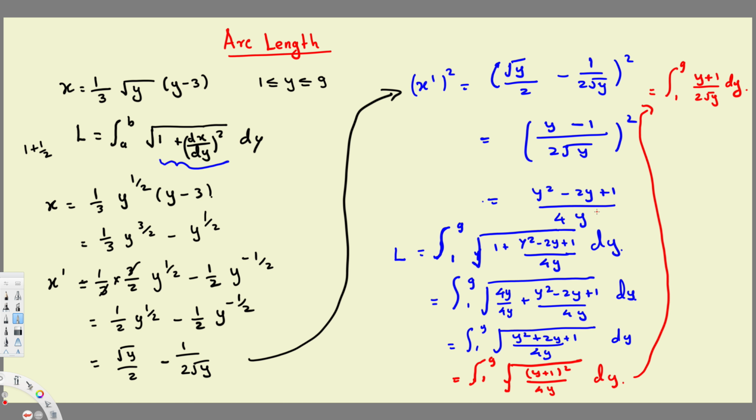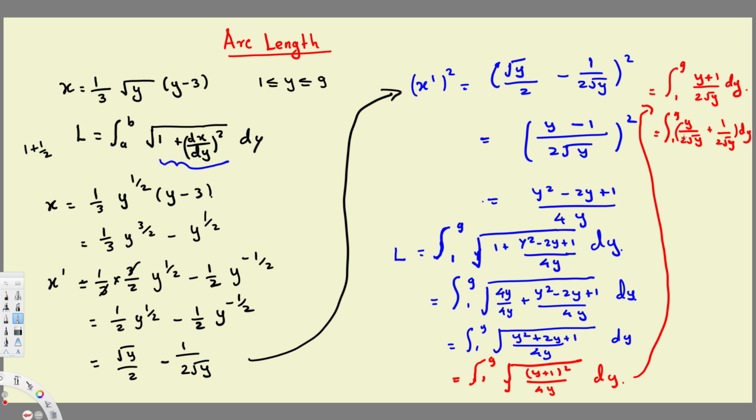Now what we can do is, we can separate this one into two parts. Integral 1 to 9 of y over 2 root y plus 1 over 2 root y, all together dy, right?